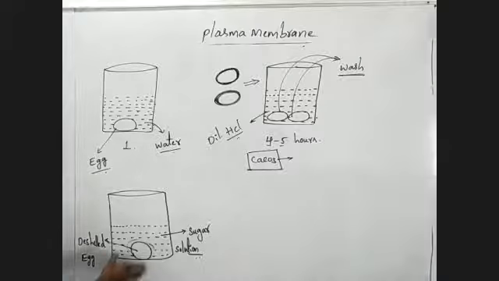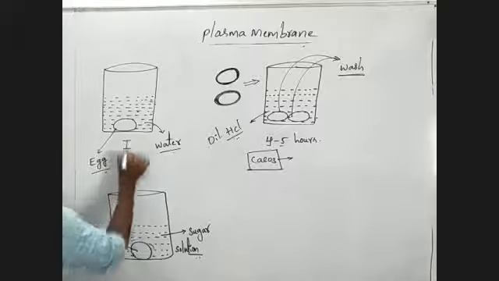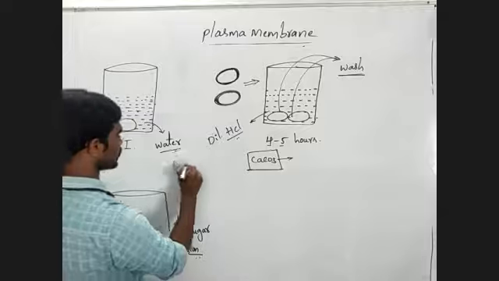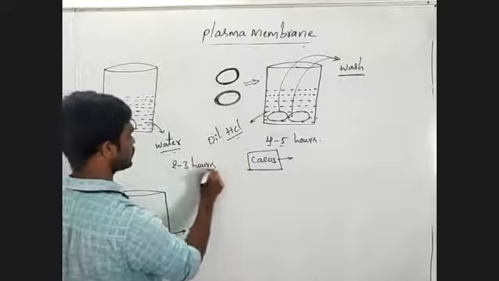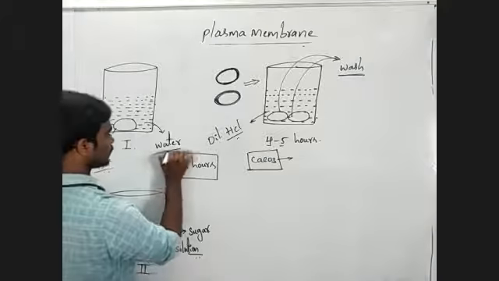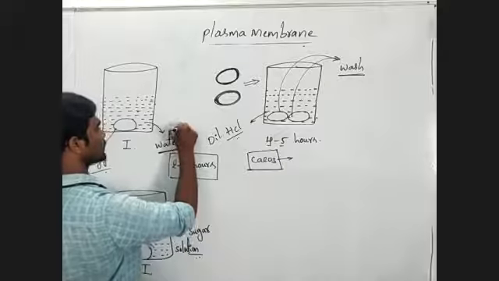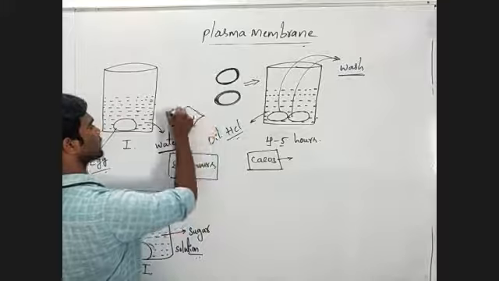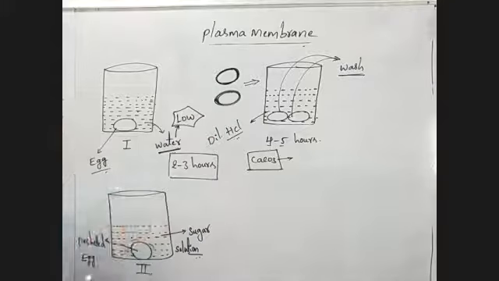Now you have to place the first beaker and second beaker aside for 2 to 3 hours. After 2 to 3 hours, what will happen? Here, only water means the concentration is low.